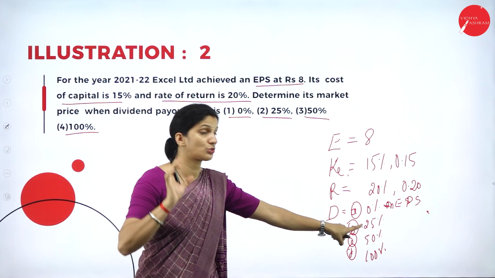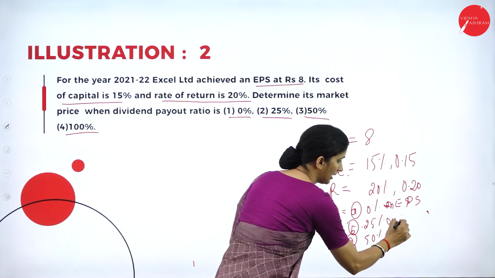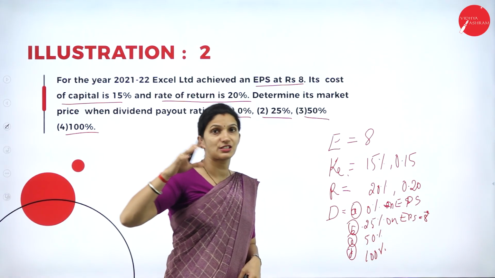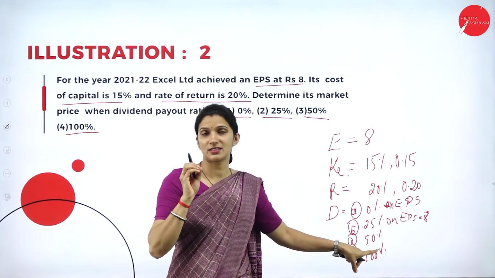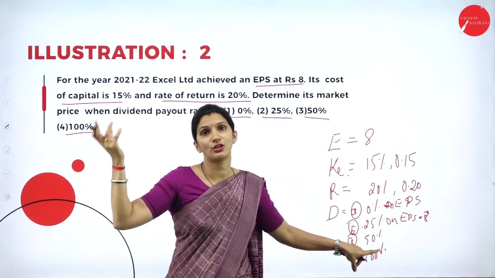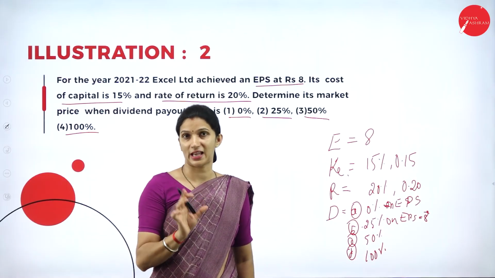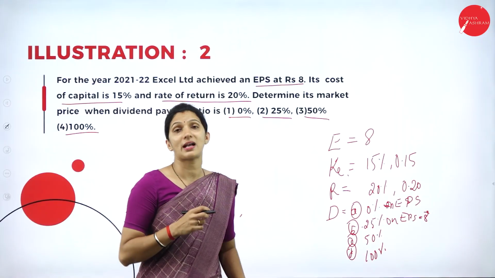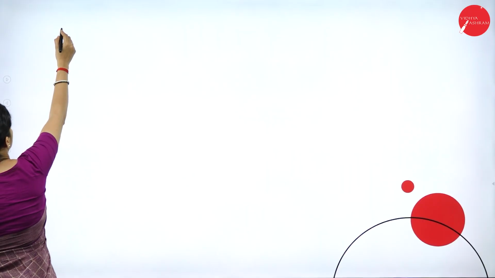Then in the second situation, 25% is the D, that means 25% on EPS, which is 8, so 25% into 8. Then the third situation, the dividend payout ratio is 50% on rupees 8. Then 100%, that means 100% on rupees 8. So those are the 4 dividends that we have. In each case, we need to calculate the market price. See the solution part.